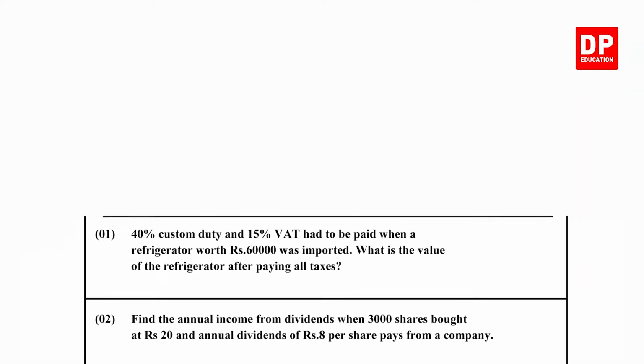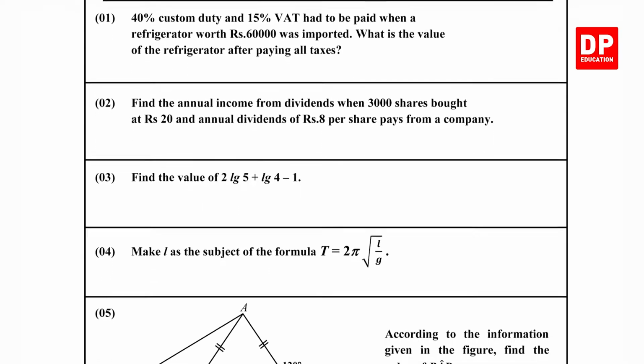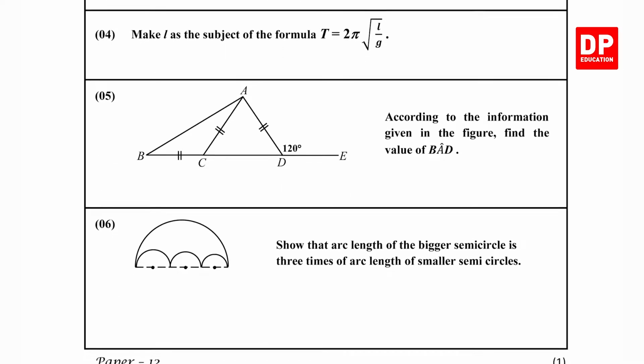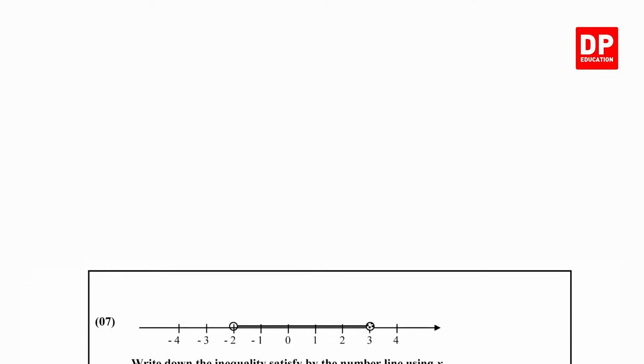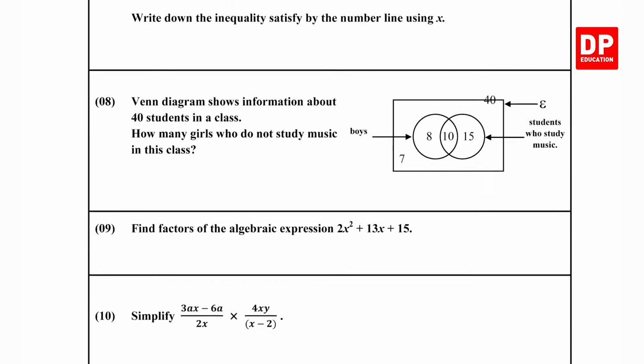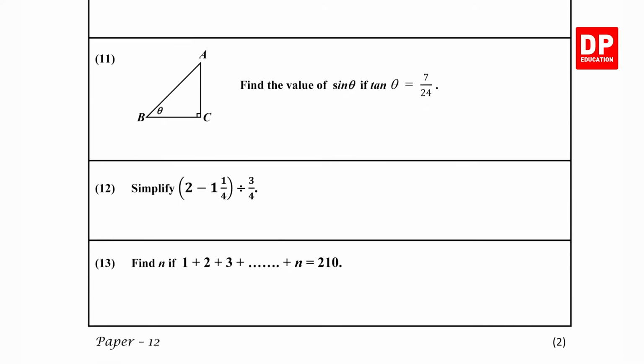So in this paper, first page, you get 1 to 6. Second page, 7 to 13.